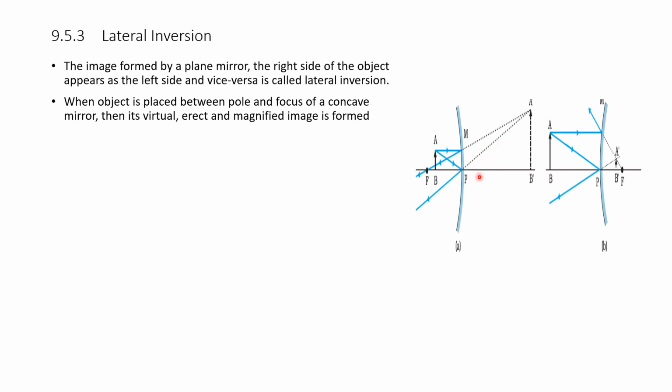Therefore, it is a virtual, erect image, because this is upwards and this is also upwards, and magnified. You see, the height of the image is more than the height of the object.